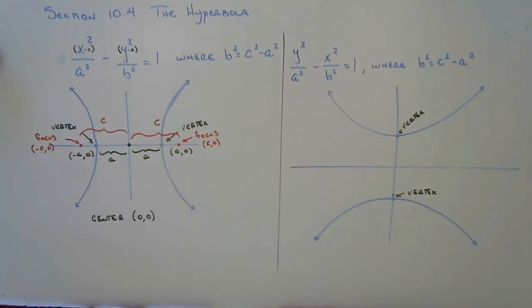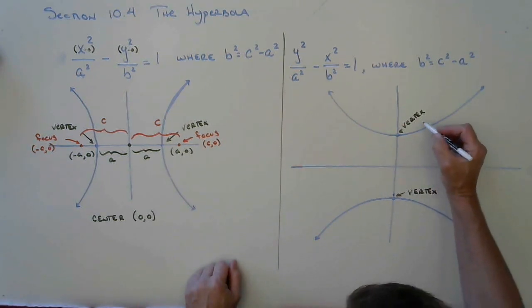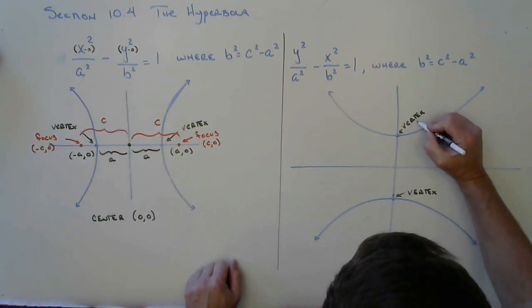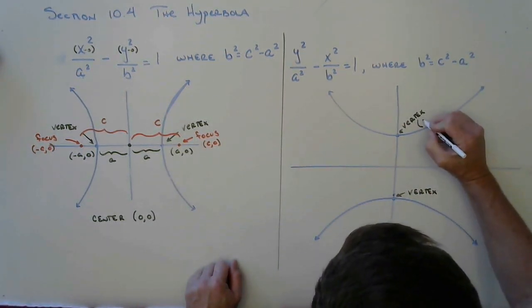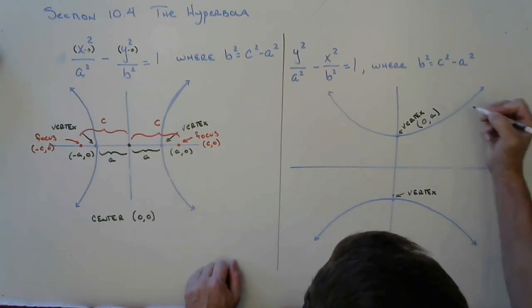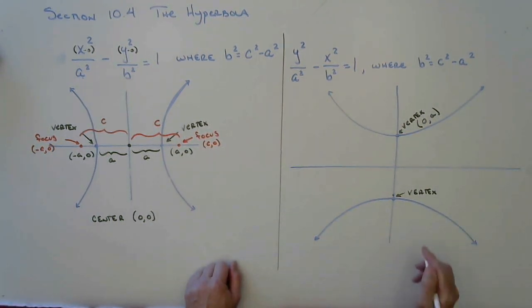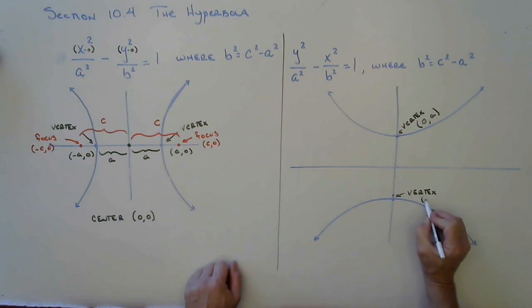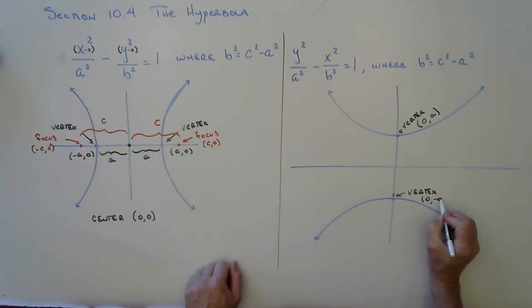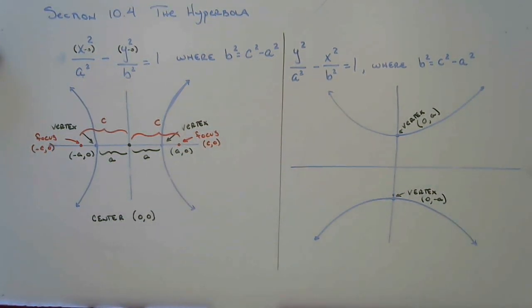Okay? So the coordinates of this vertex are going to be 0 for our x, a for our y, and the coordinates of this vertex here is going to be 0 for x, negative a for y. So we're always going to have an a in our vertex.